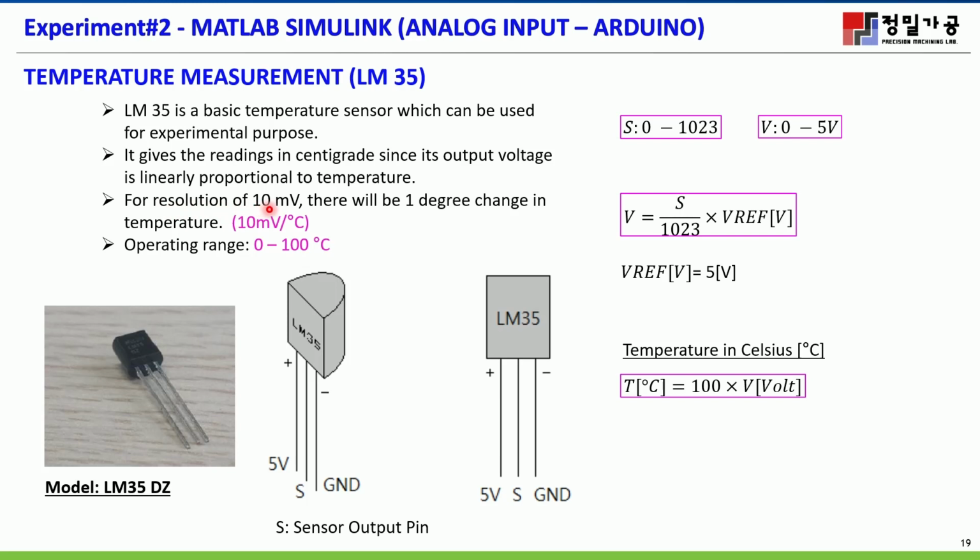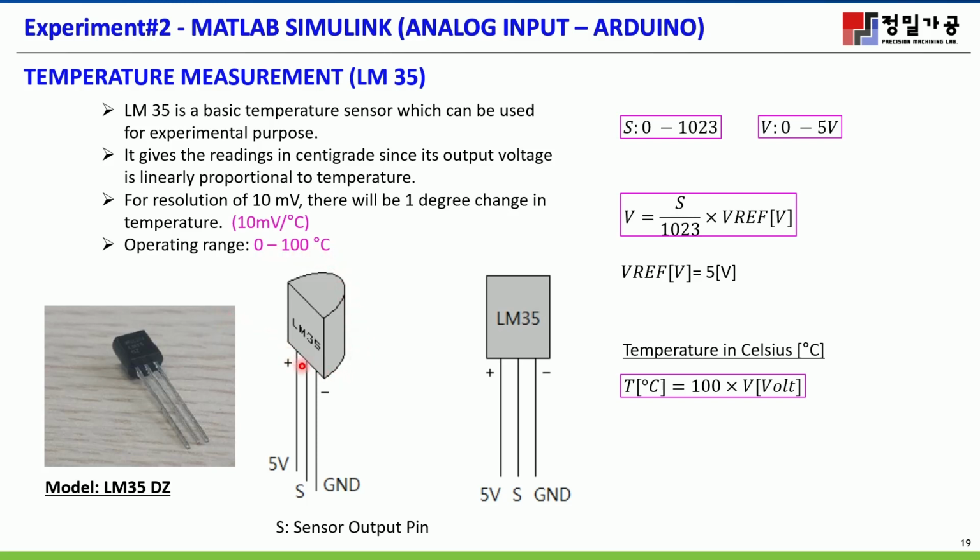It has a resolution of about 10 millivolt, which means for a 1 degree change, there is a change of 10 millivolt. And we can operate it around 0 to 100 degrees centigrade.